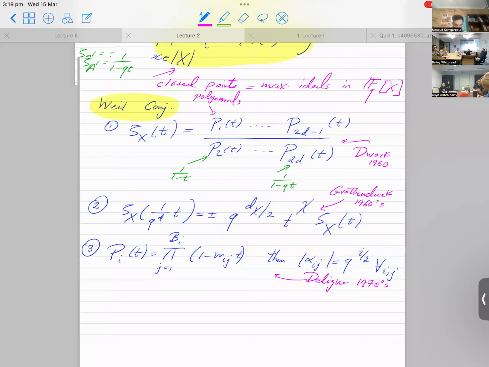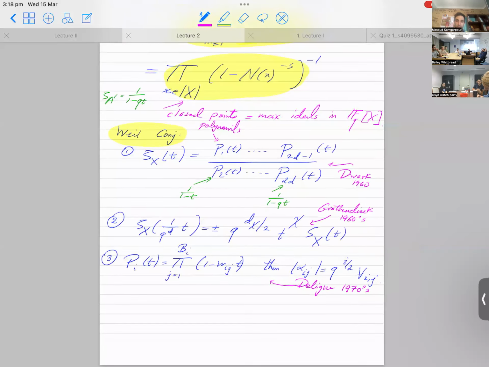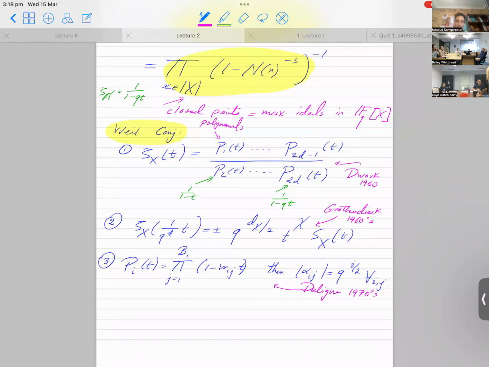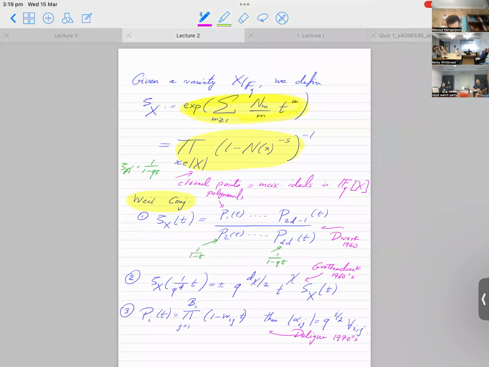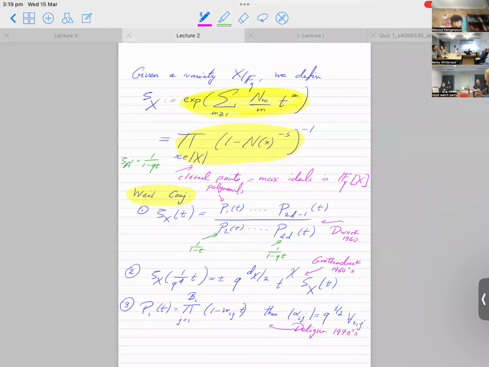Any questions about the statement of the conjecture? What is b_i? Excellent question. Is X proper? Oh yes, sorry, I should have said that. Everything else works for X not proper, but for the functional equation, yes.